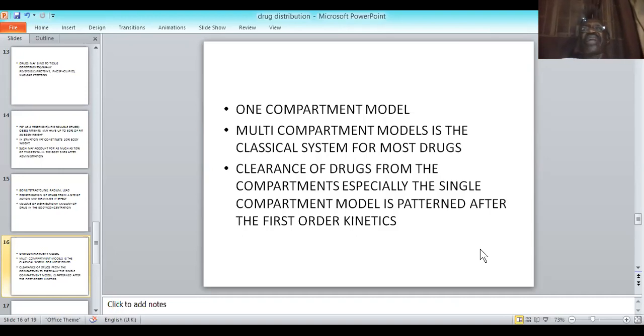Whereas zero order kinetics states that a constant amount of a drug is metabolized per unit time, or an amount of a drug is excreted per unit time. So it's necessary to get those clear and link them with the fact that the single compartment model is patterned after the first order kinetics.